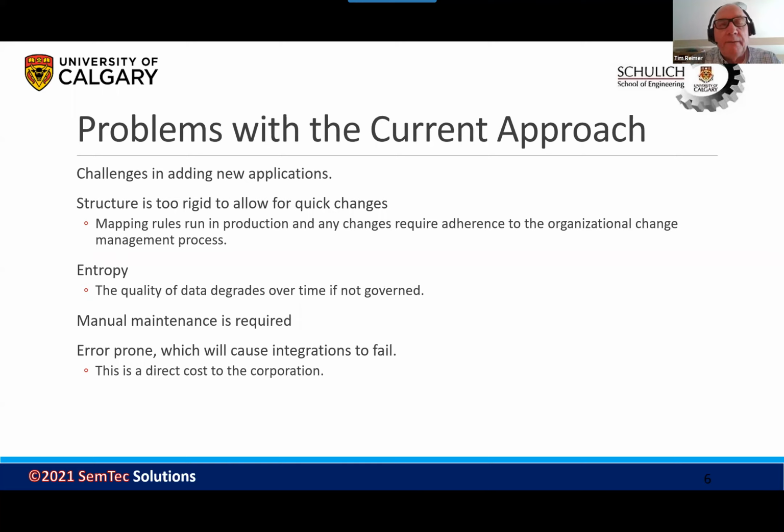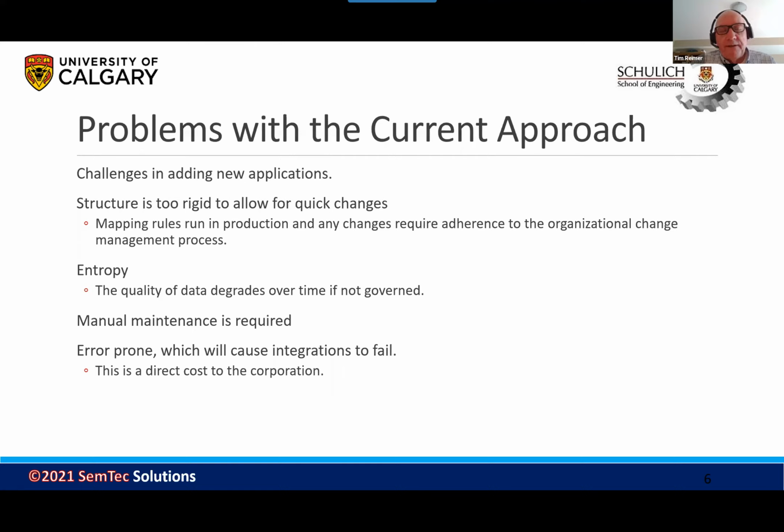Most of the time, the way we solve this today is by creating cross-reference tables. That's the simplest form: value A is value B. It's like a key-value pair, and the integration layer does a lookup into these cross-referencing tables and then tries to retrieve the appropriate data.